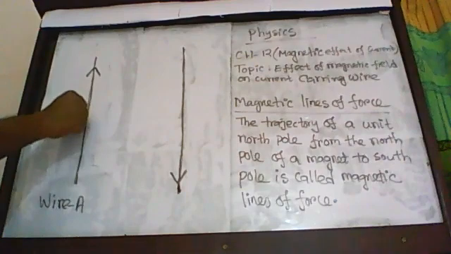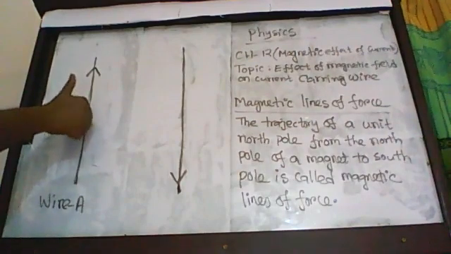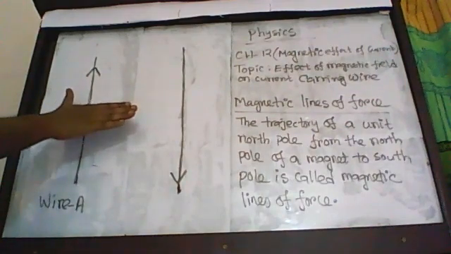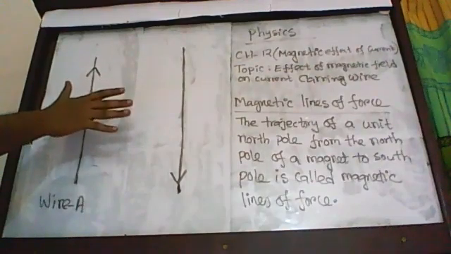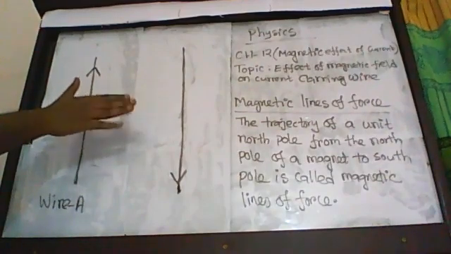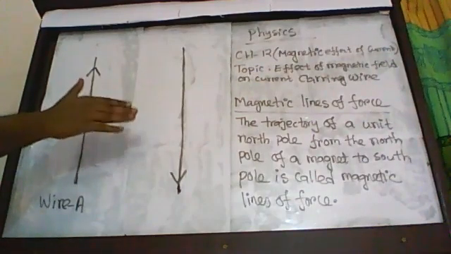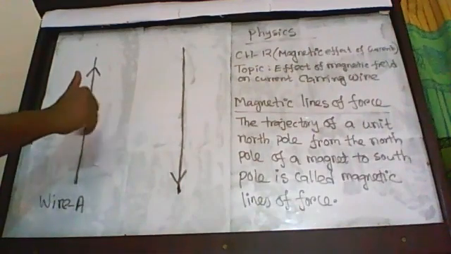Then put your thumb along the direction of current. This is the direction of current. Then my other forefinger indicates the direction of magnetic field.